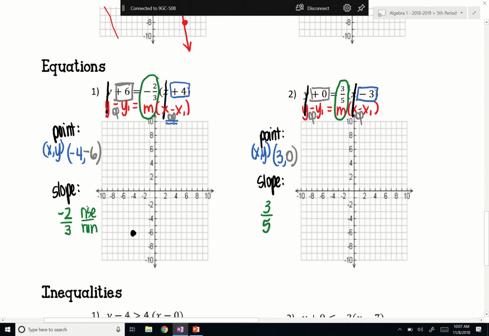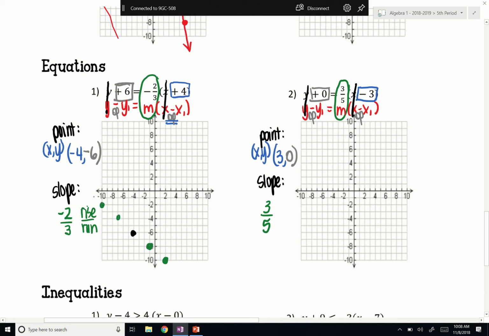What does that mean? Down 2, then what? Which way? Right 3. Down 2, right 3. Now I've run out of room to go down 2, right 3. What's the opposite of that? So up 2, left 3, up 2, left 3.